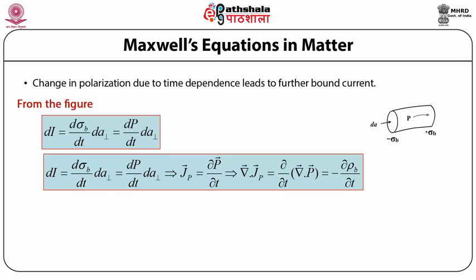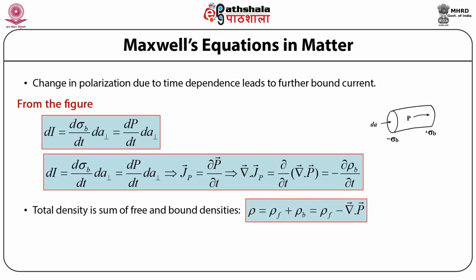So the divergence of the current density vector J subscript P, due to the electric polarization, is equal to minus the time variation of the volume charge density of the bound charges, that is minus del by del t of rho subscript B.